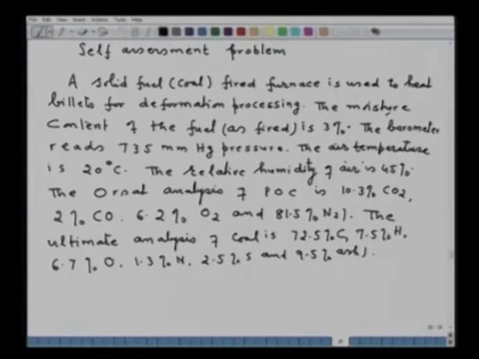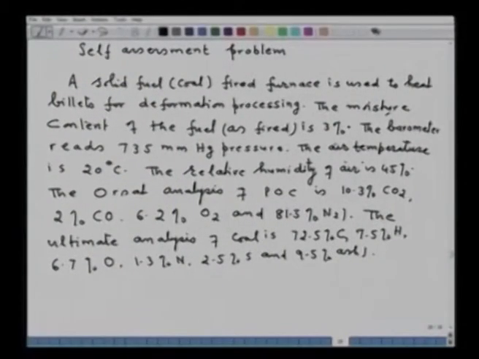They are given a solid fuel fired furnace, and the coal analysis is known. The coal when fired contained 3% moisture. The barometer reads 735 millimeter of mercury, that means it is not 760 millimeter, it is 735 millimeter.